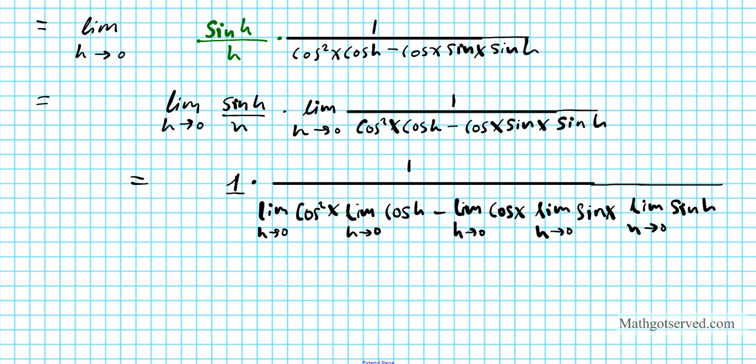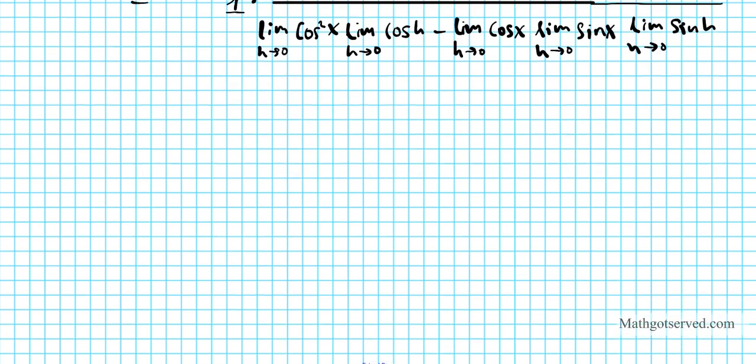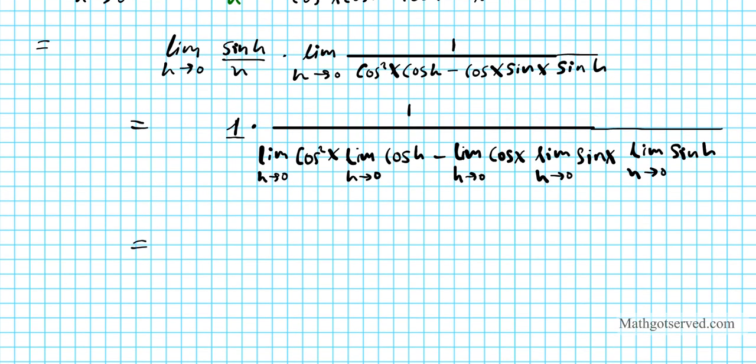All right, so let's evaluate them term by term. So this 1 is the multiplicative identity, so we just forget about that. So we have 1 divided by, let's see, this is independent of this limit, so it remains cosine square x.